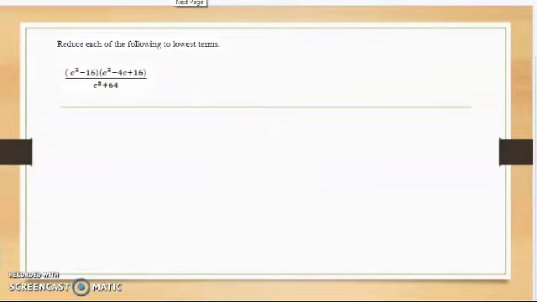Now, how to simplify a rational algebraic expression, or how can you determine that a rational algebraic expression is already in its simplest form? It's similar to fractions. To reduce it, just cancel out the common factor between the numerator and the denominator.